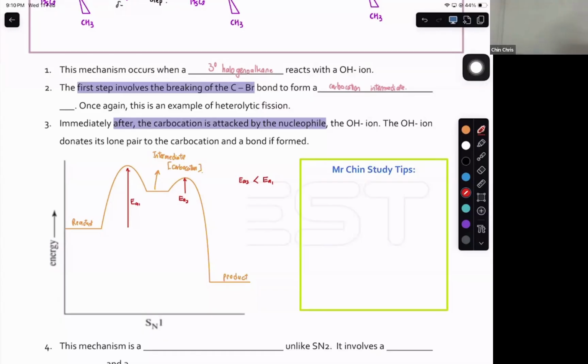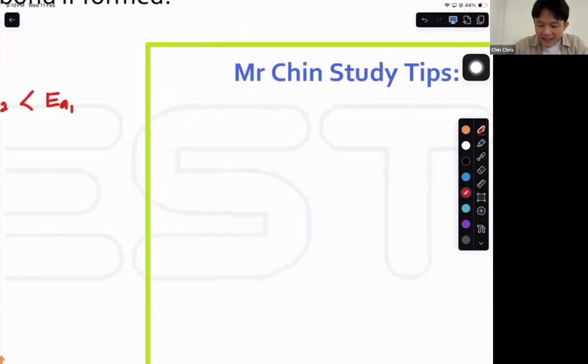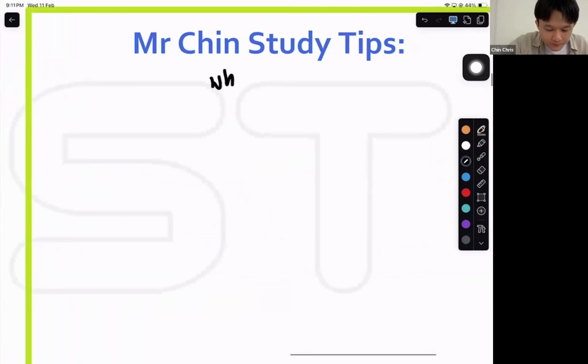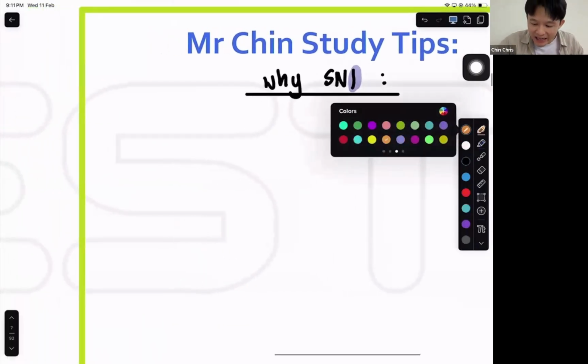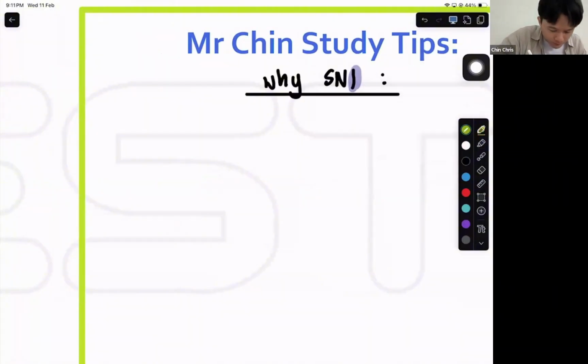Okay, so now let's look at the explanation, like why. Why SN1? What does it stand for? The 1 stands for one step at a time. You go slow.